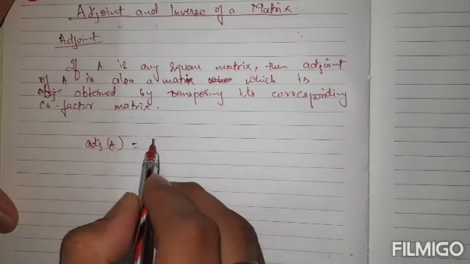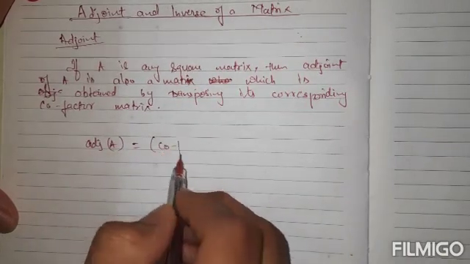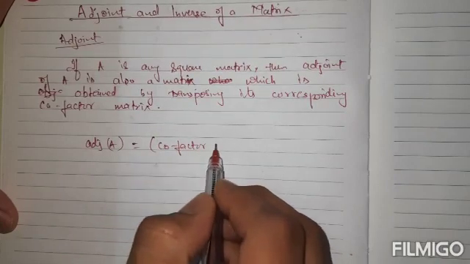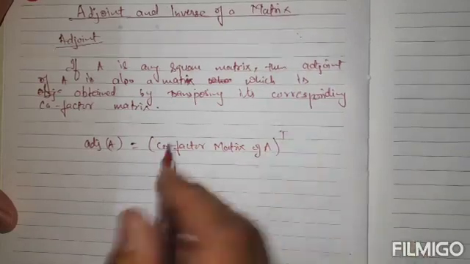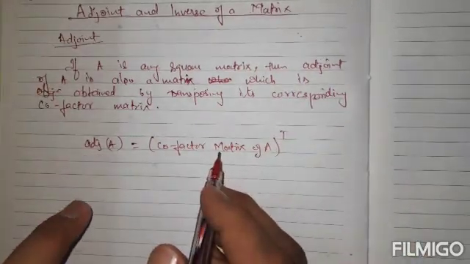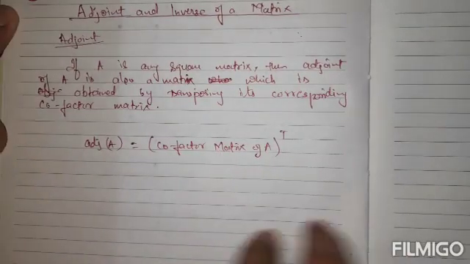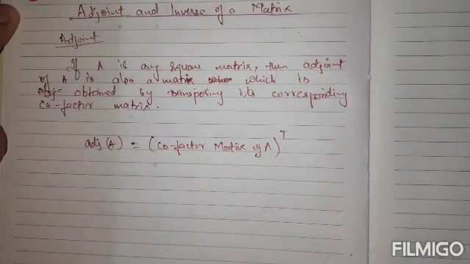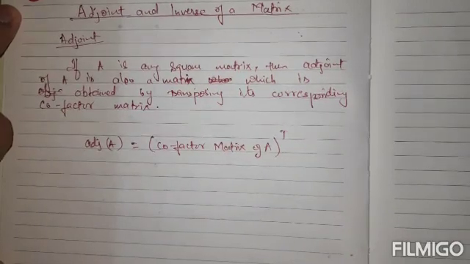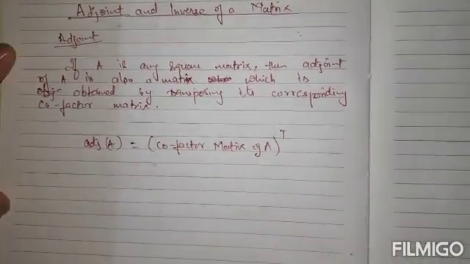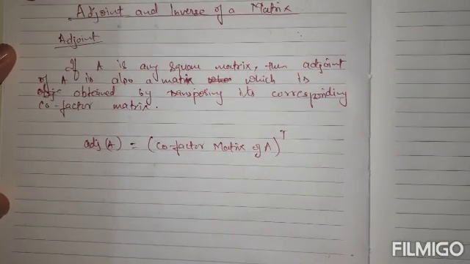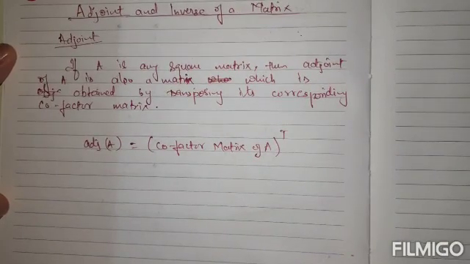It is the transpose of the cofactor matrix of A. Transpose of this means, if A is any matrix given, first find the cofactors of all its elements, place all those cofactors in a new matrix at their corresponding places, and then if we find the transpose, we get the adjoint of A.